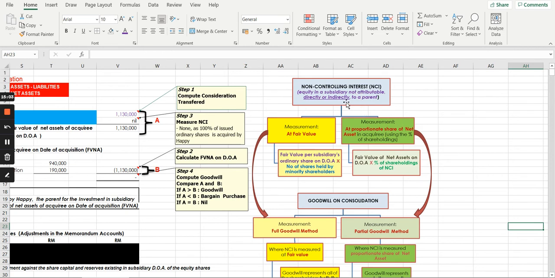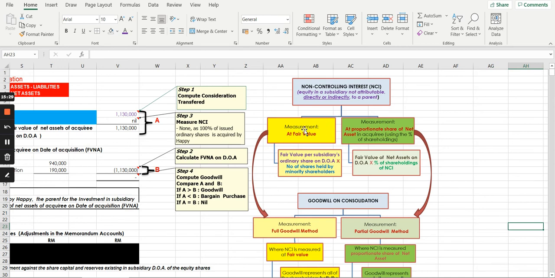These are non-controlling interests. The percentage that belongs to the parent is called controlling interest. The percentage that belongs to the non-controlling or minority shareholder is called the non-controlling interest, which is the percentage. In our case here is 0. So there are two measurements of fair value given or option given.